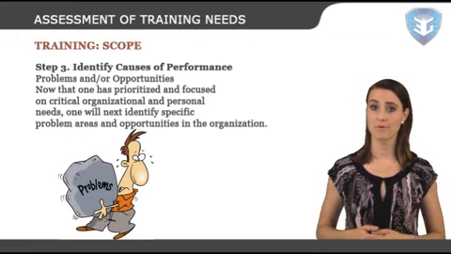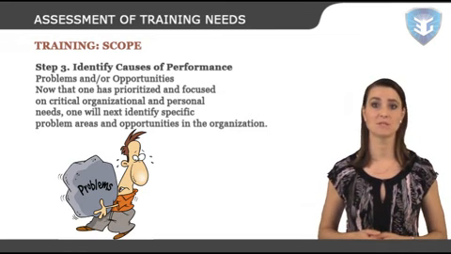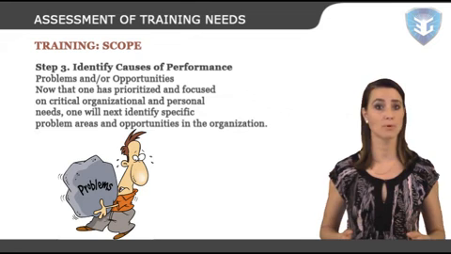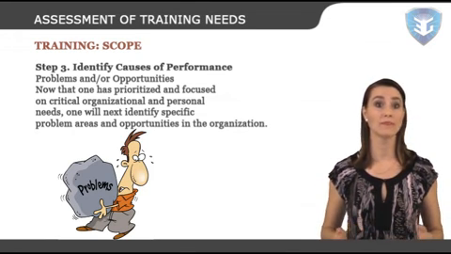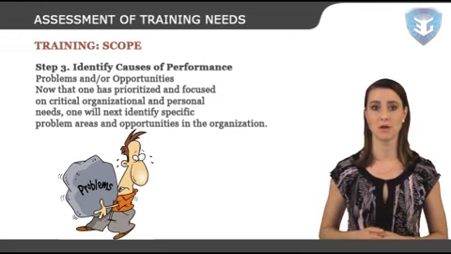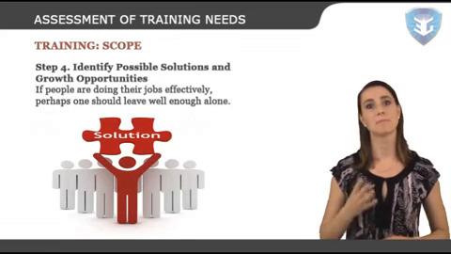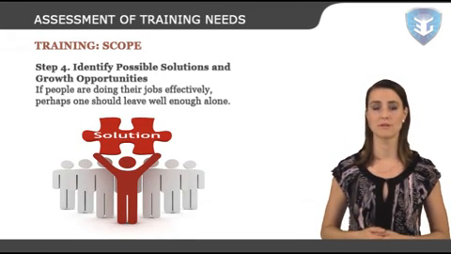Now that one has prioritized and focused on critical organizational and personal needs, one will next identify specific problem areas and opportunities in the organization. One must know what the performance requirements are if appropriate solutions are to be applied. Step 4. Identify possible solutions and growth opportunities.